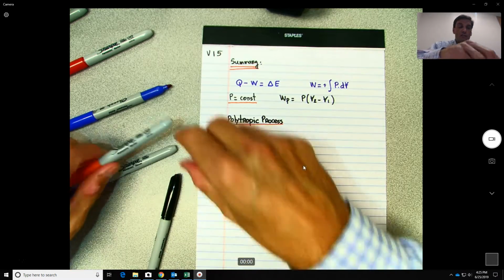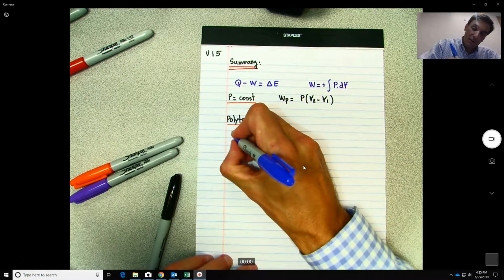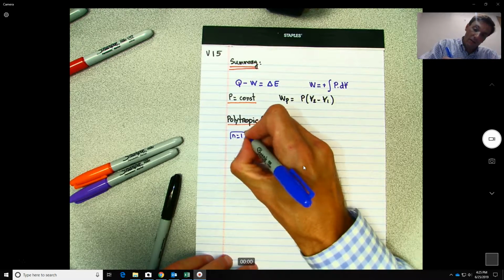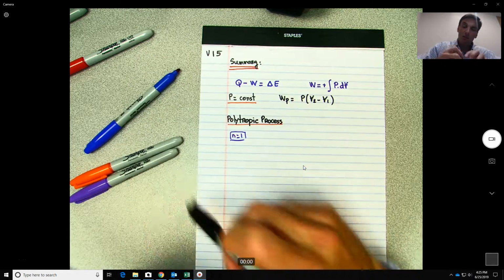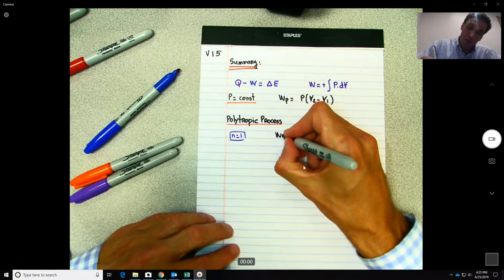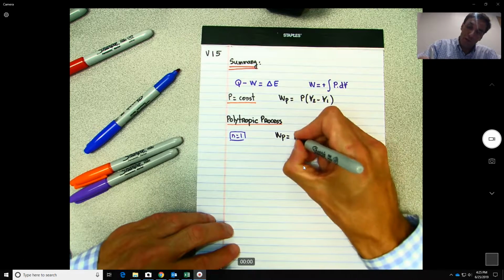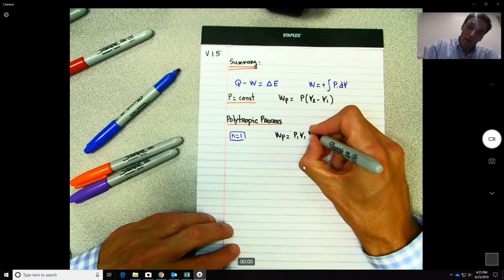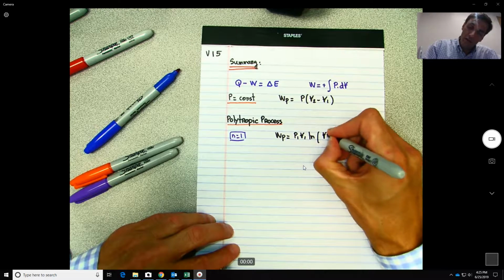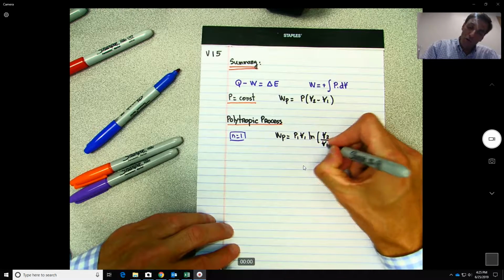so you have two cases over here. When n equal to 1, in that case, the work done by the pressure will be equal to P1 V1 log V2 over V1.